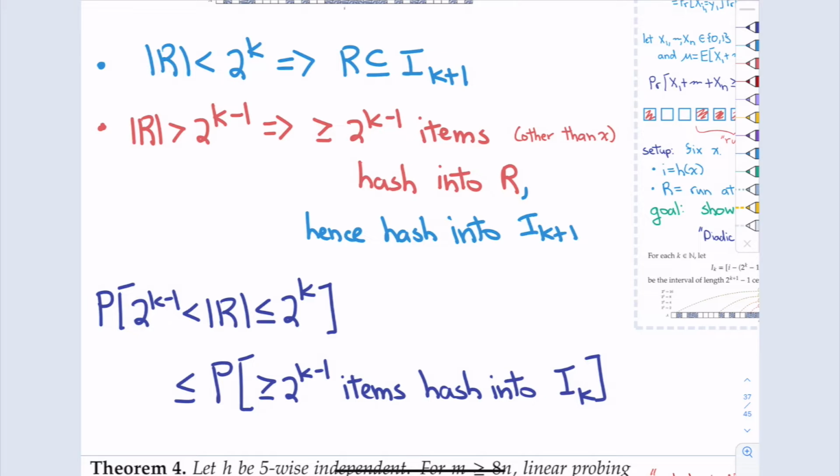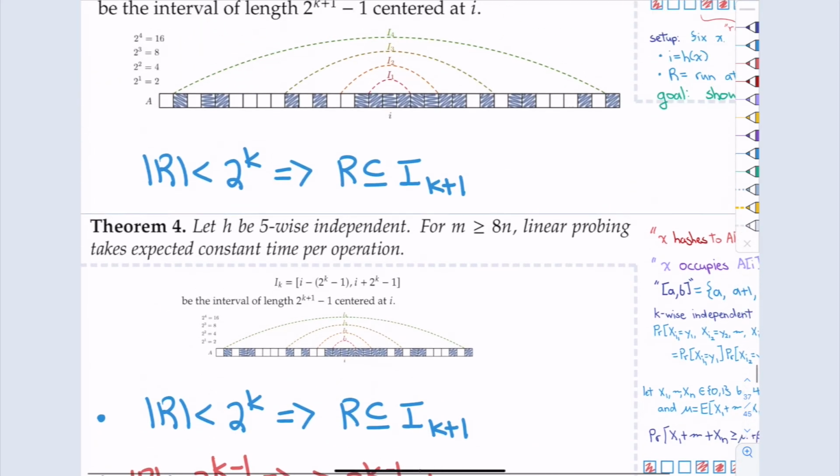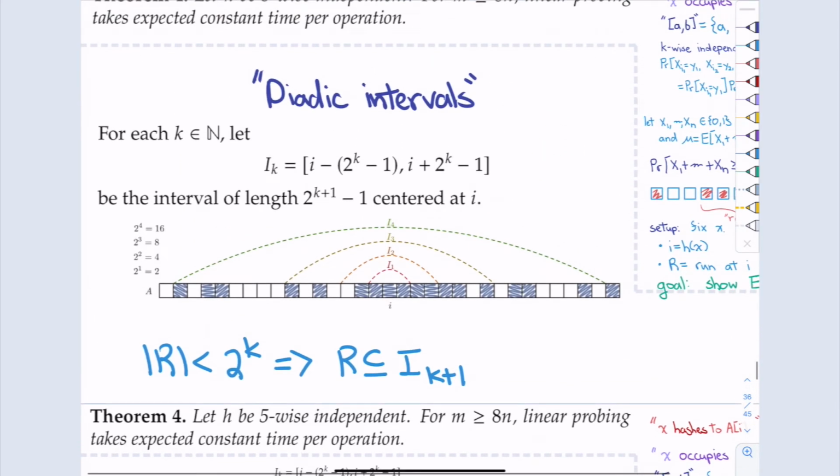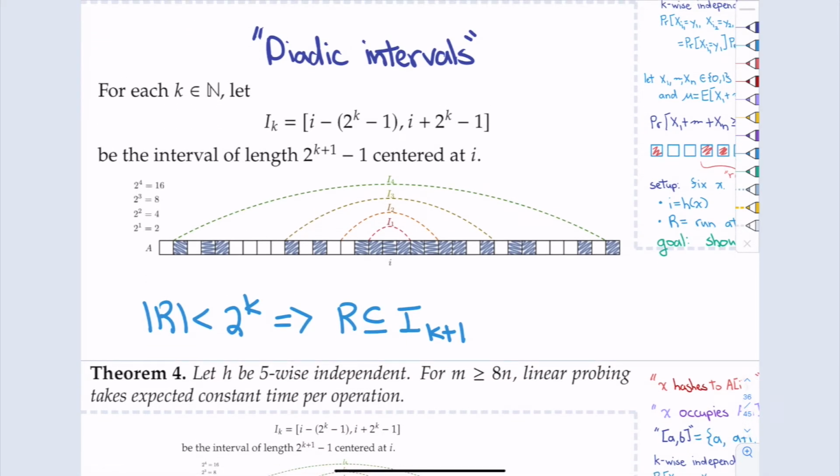Sorry to annoy you guys just a little bit, but I just want to make sure notation is consistent for the rest of time. If we look at this definition carefully, here's I, and here would be I plus 2 to the k minus 1.